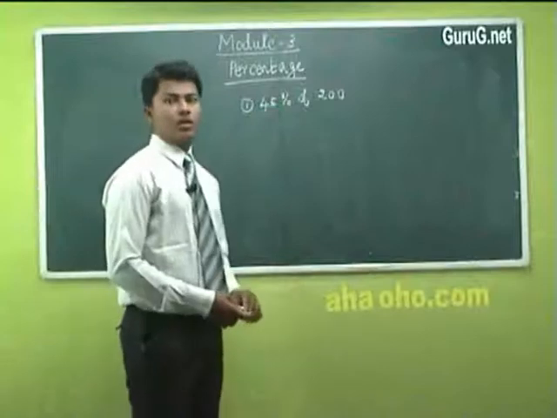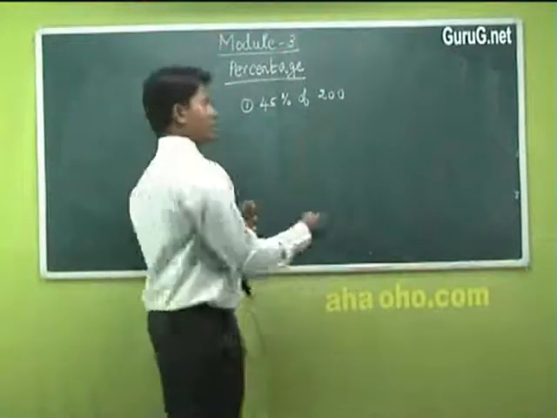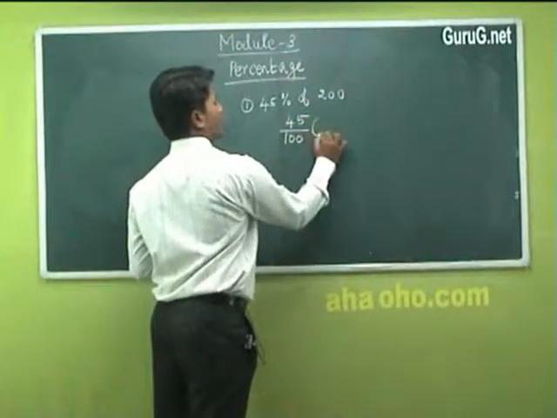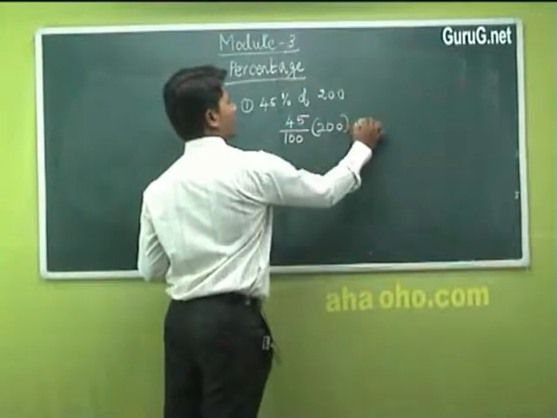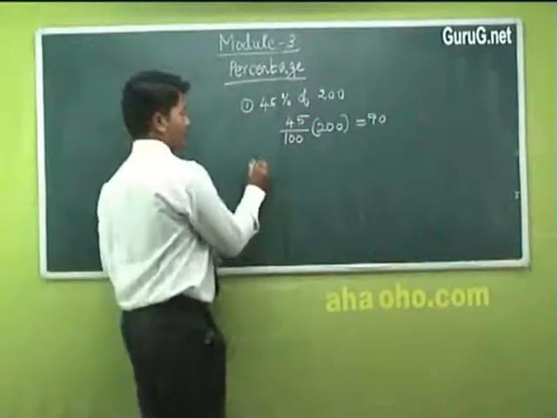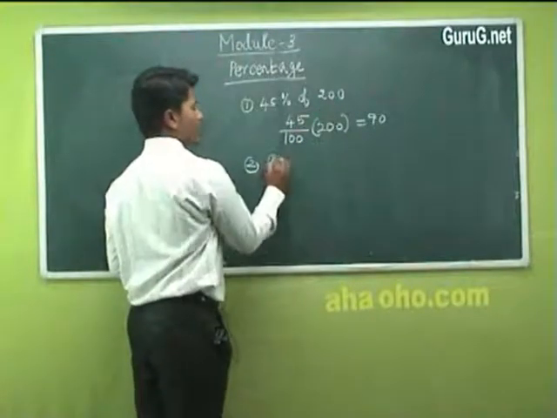So the question is given like this: find the 45 percentage of 200. What is the mathematical way of finding it? 45 by 100 into 200. It is 90. From this you can derive another question. 90 is what percentage of 200?